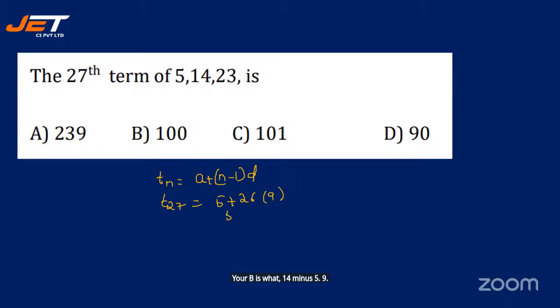So 5 plus 9 into 26: 9 sixes are 54, 9 twos are 18, 234. So 234 plus 5, 239. So your answer must be option 1. Let's see. Yes, it is. Okay. Right. Now see the next question.